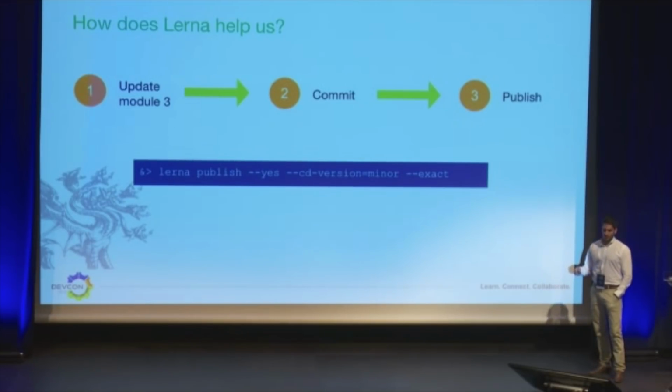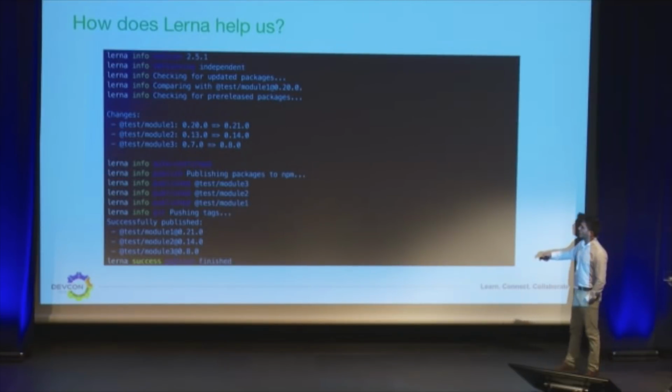Then, well, we commit and push that change. The following step is basically to publish these changes. Here is where Lerna can help us. Basically, what Lerna does is check which modules have changes, and the modules which have a dependency on it.